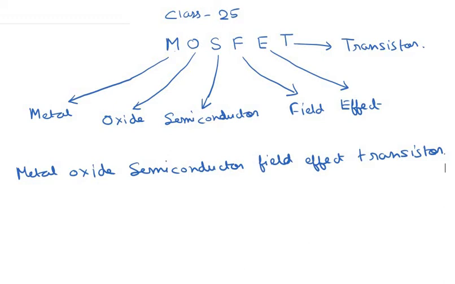In case of the BJT, the current between the collector and the emitter is controlled by the base current, or the conductance between the collector and the emitter is controlled by the base current or the base to emitter voltage, provided that the transistor is in the forward active regime. Similarly, in case of MOSFET, the current is controlled by a voltage. Okay, so this is also a transistor.